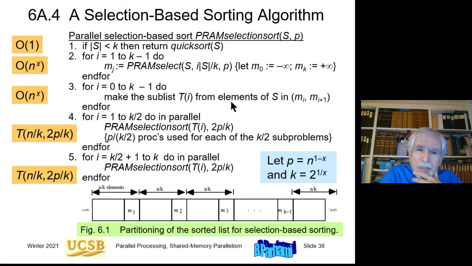So make those sublists. And those sublists will be of equal lengths, or roughly equal lengths, because remember, the element that we determined for each of these Mi is i times size of S over k. So these are equally spaced, basically, in the sorted list.